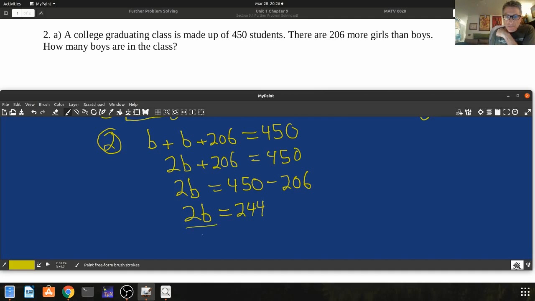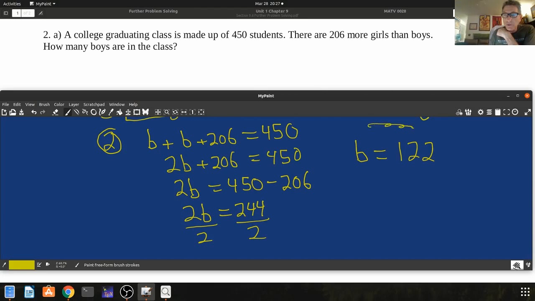So if I divide both sides by 2, I get B is equal to, 2B divided by 2 is 1B. So 244 divided by 2 is 122. So that's the number of boys in the class.